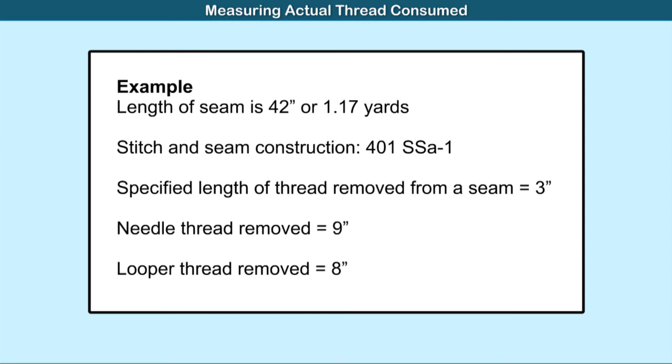Someone can then calculate the amount of thread consumed in one stitch and multiply this factor times the total length of the seam measured in inches. Obviously, someone must do this for each seam to determine the total amount of thread consumed in the finished product.